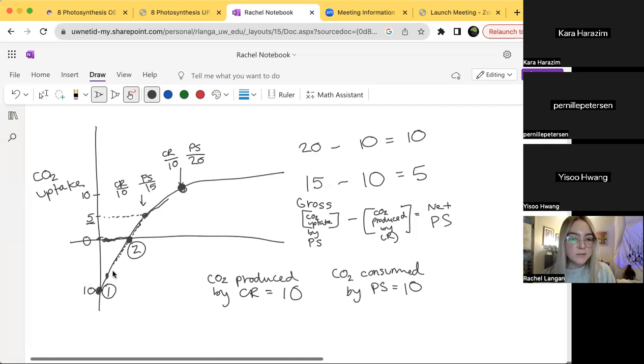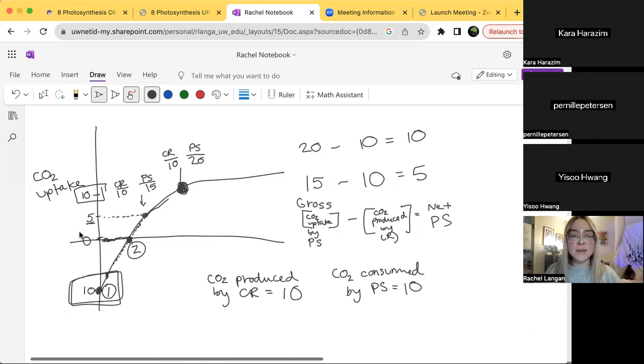So I know from this number that cellular respiration is 10, and that's happening everywhere, at every point. I knew at this point the CO2 uptake, meaning the amount of CO2 going down, was 10. So I know in my head that number doesn't represent the total amount of photosynthesis.